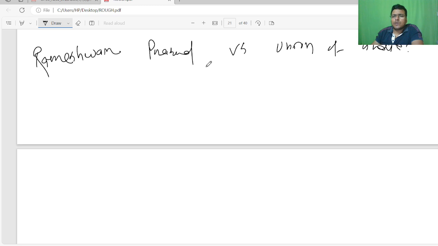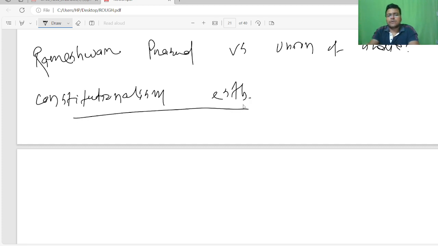In Rameshwar Prasad versus Union of India, the notion, the concept of constitutionalism was established.